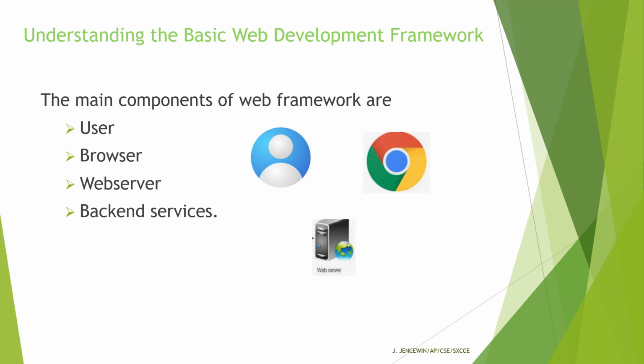A browser is application software, created using a bundle of programs. We already have different types of built-in browsers, for example Google Chrome and Firefox. Any user can directly interact with the browser, and it provides the interface between the user and the web server.